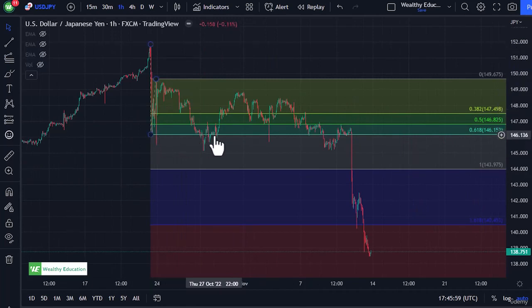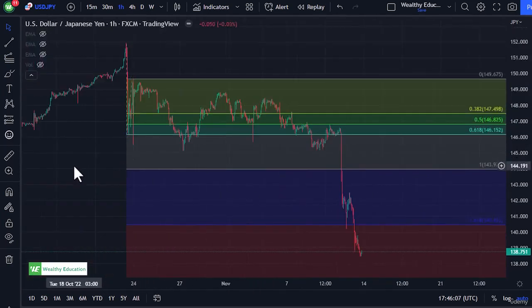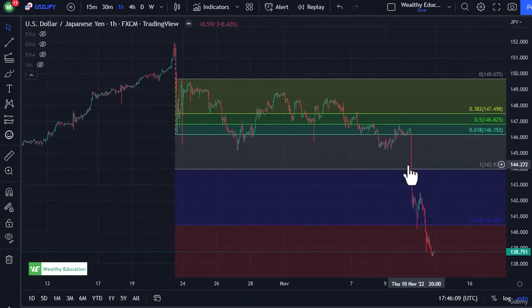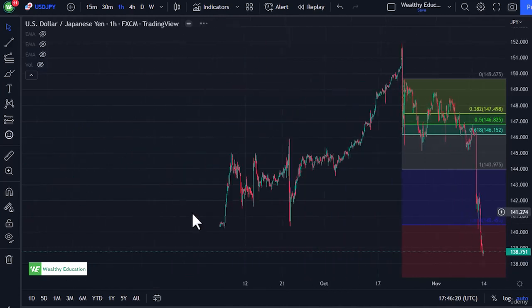It came back here and then it tested that bottom. And then eventually it hit the doubling effect. And now it's much lower. So somebody who was using this to trade this probably would have had their target set here, their stop loss behind here, and maybe a second profit target there and a third profit target down there.